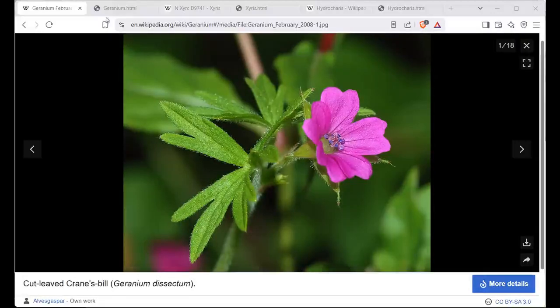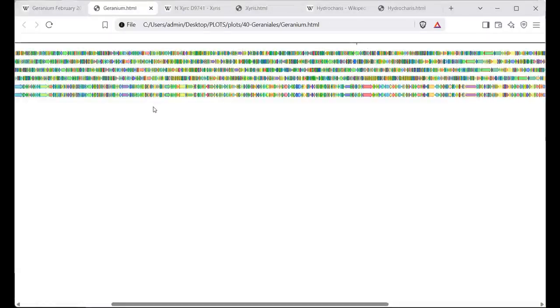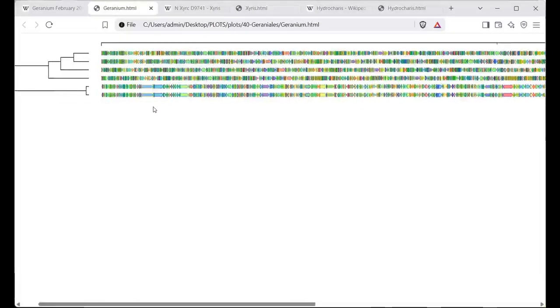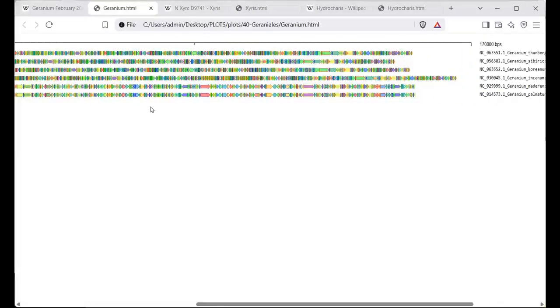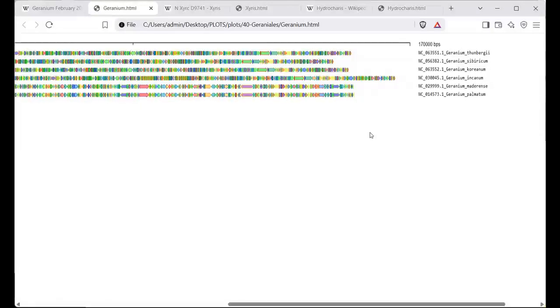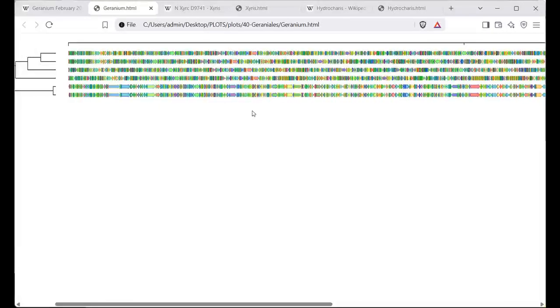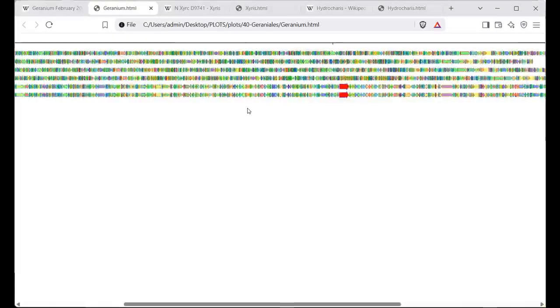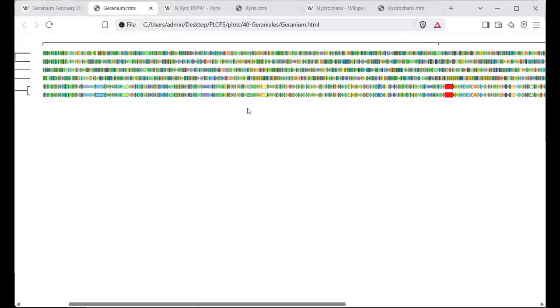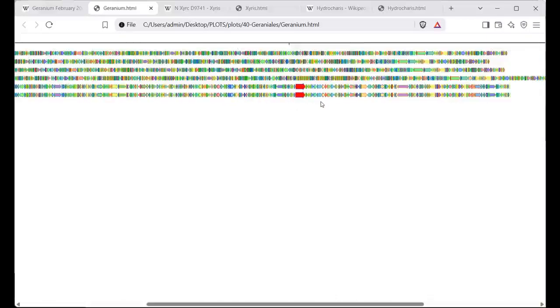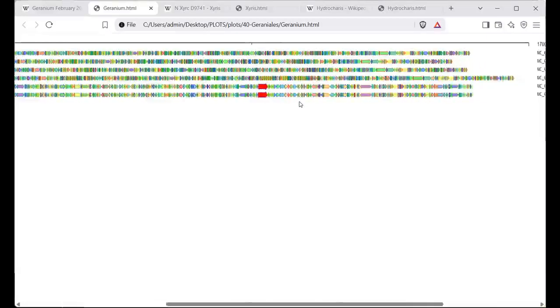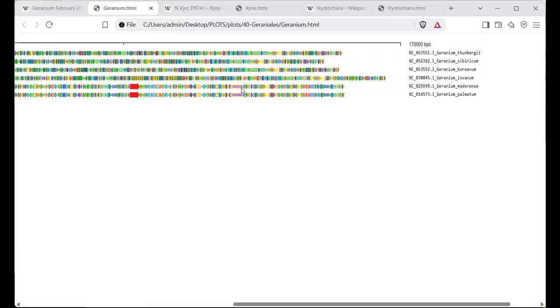This is the beautiful flower you are familiar with. Here is the PGR-TK plot. So once again, each line shows you a plastid. You can see that they're all geraniums. And here you see that it's completely messed up. First of all, they're really fragmented. All of these lines are fragmented, and only a few have conserved sequences where I can pick up these red lines in both of them or purple in both of them.